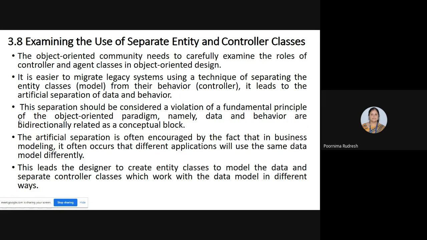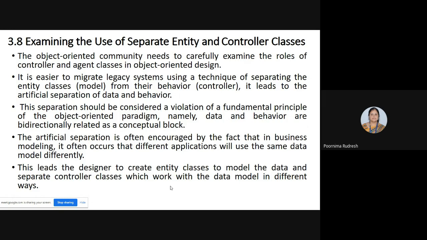This artificial separation is done in business modeling, where different business applications use the same data in a different manner. In one application the same data is used as one type, and in another application the same data is used as a different one.